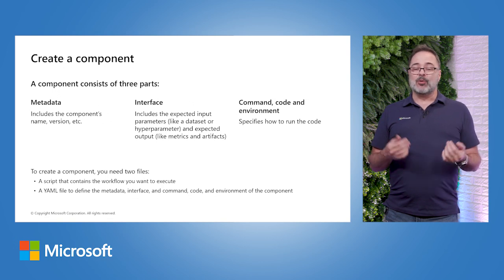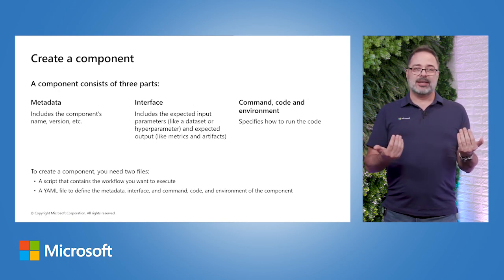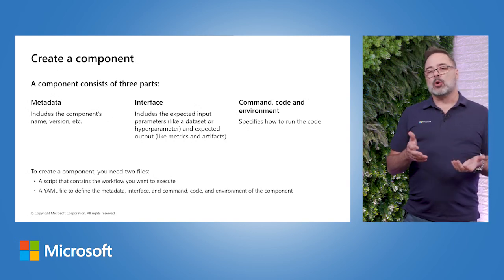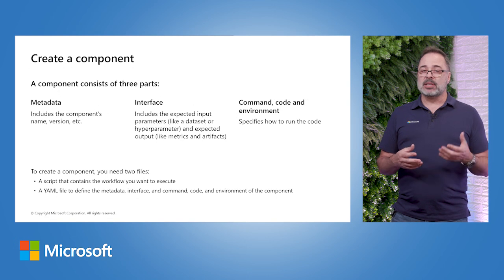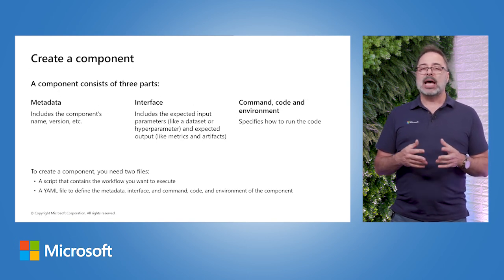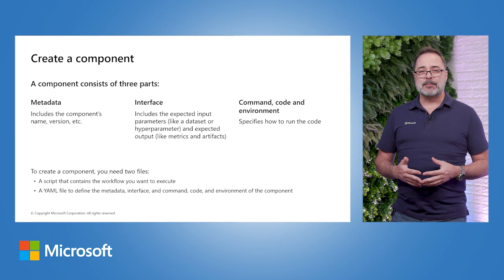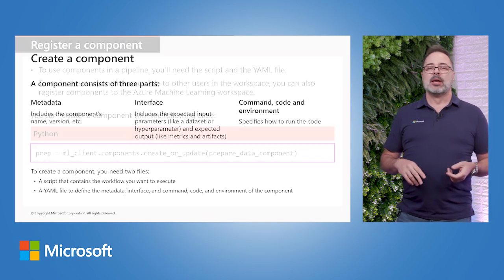In other words, if we connect two components, the output of one component needs to match the input of the other component. In order to create a component, we need to have the script that does the actual work, as well as a YAML file that will define the component metadata, interface, and configuration of that script.